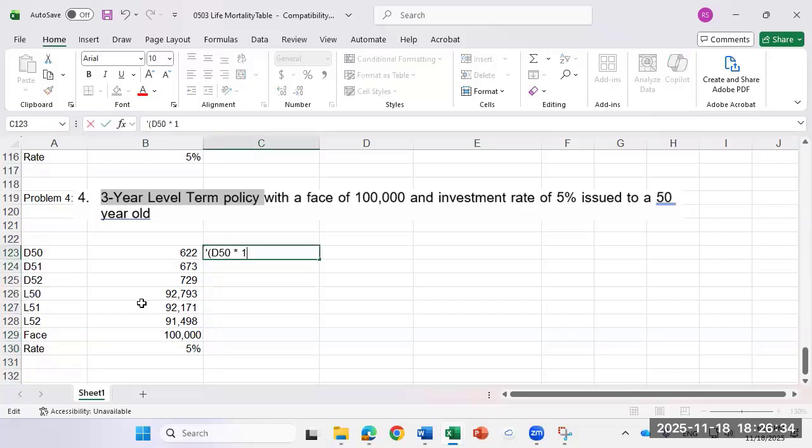So D50 times 100,000 divided by 1 plus 0.05 raised to the first, exactly like we did before. D51 times 100,000 divided by 1 plus 0.05 raised to the second.